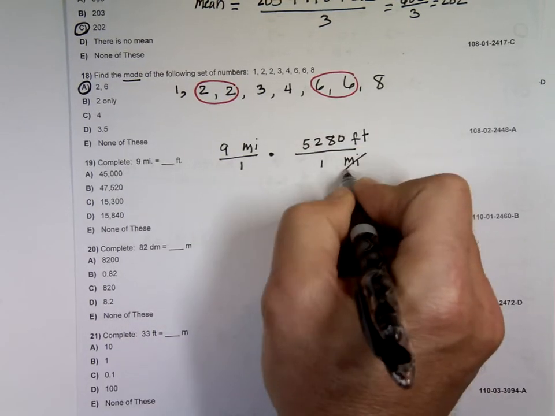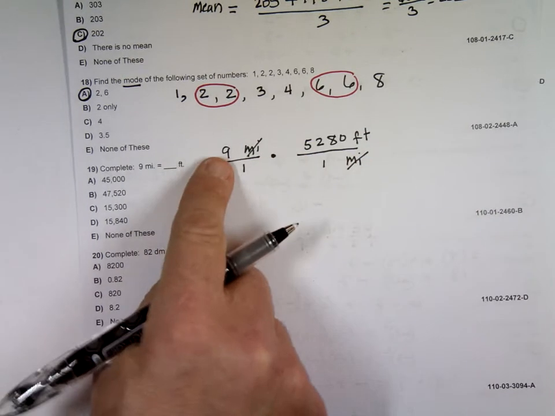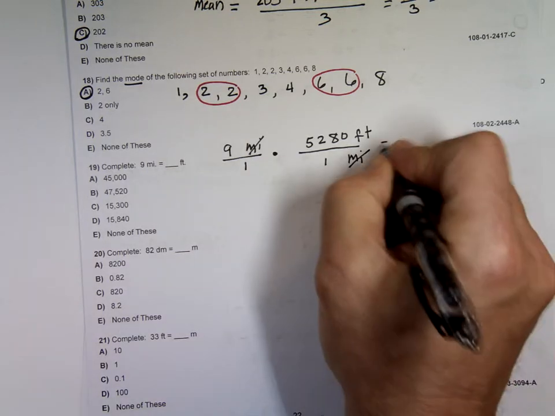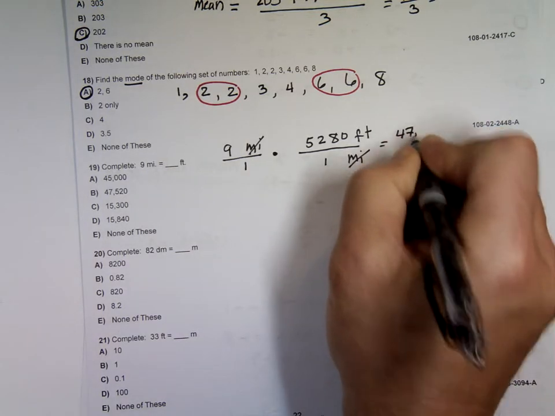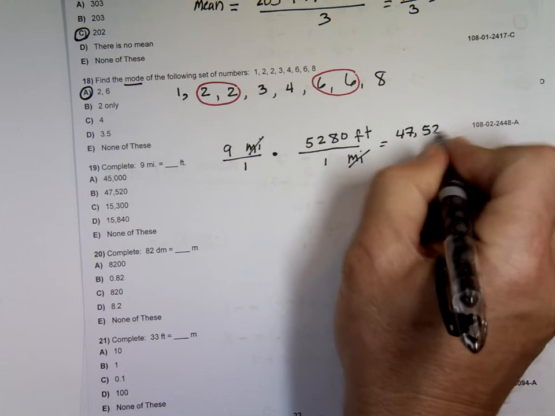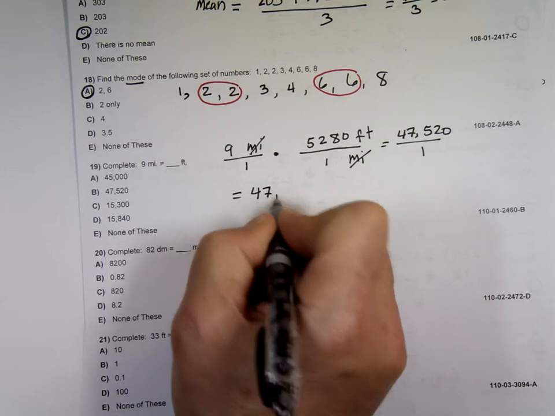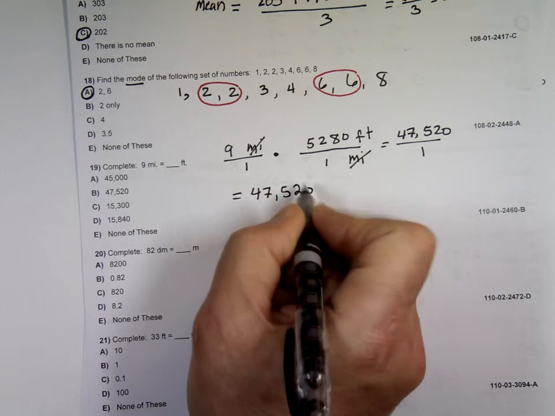Now you multiply the 9 times 5,280, and that's 47,520 over 1, which is what? 47,520 feet.